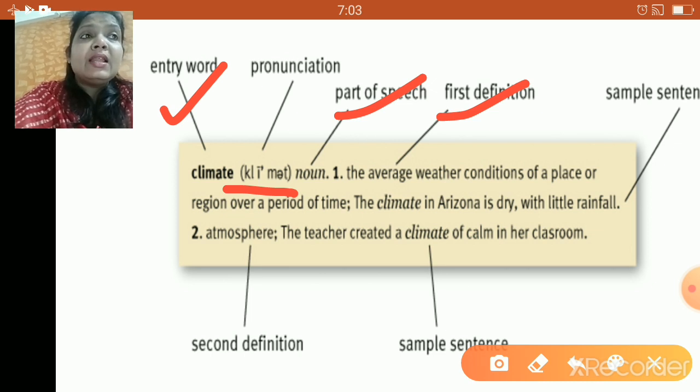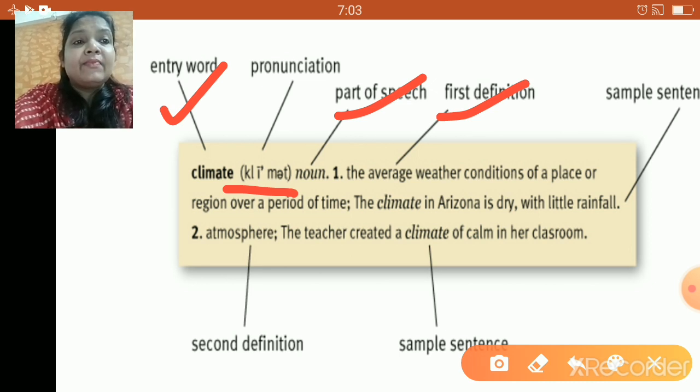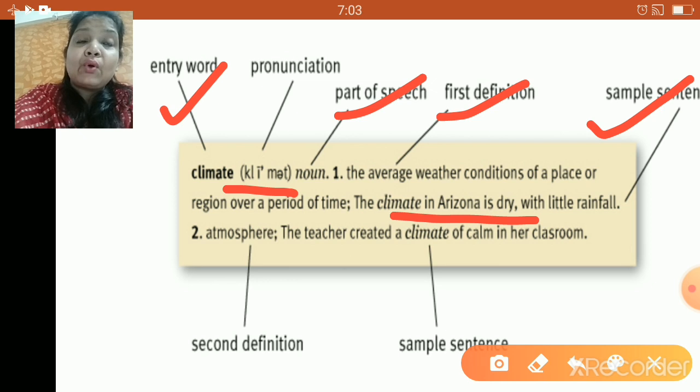Now, children, let us come to the next, that is a sample sentence. The climate in Arizona is dry with little rainfall. So, this is a sample sentence. That is, how can you frame a sentence by using this particular word?